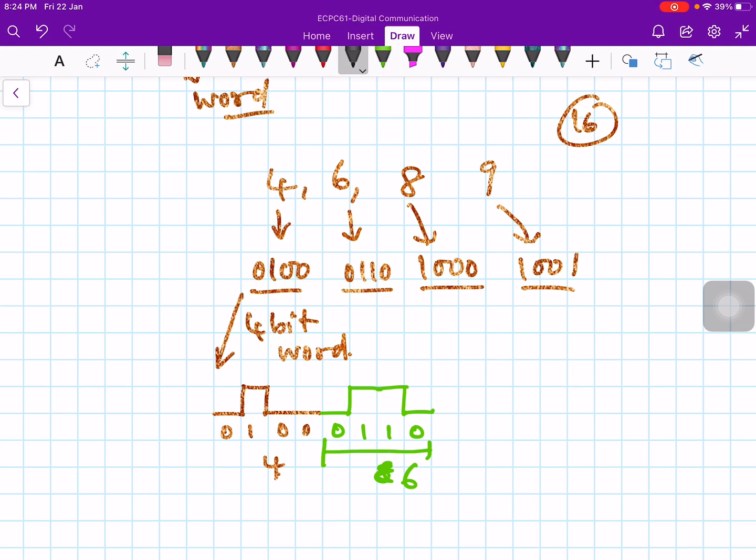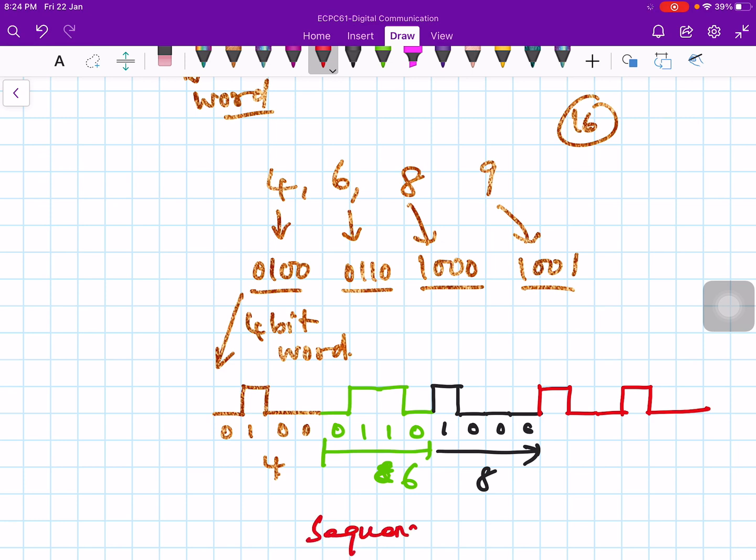So you put 1 0 0 0. This one is 8, and 1 0 0 1. That's all. So this is a sequence of pulses.